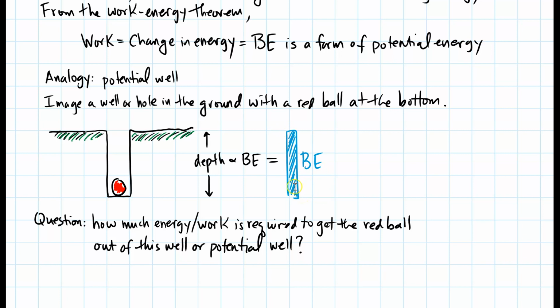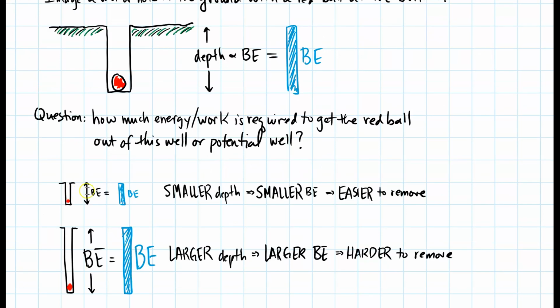This bar indicates the depth of the well, which is how much work you'd have to do. If I have a smaller potential well, I have a smaller binding energy. Smaller depth, smaller binding energy, easier to remove.